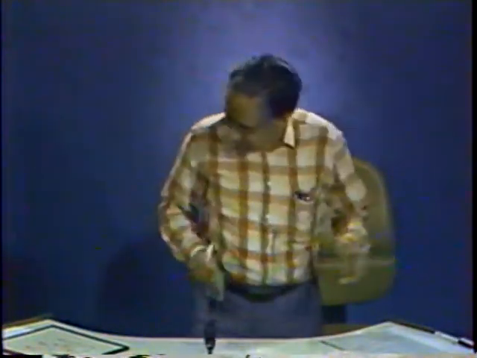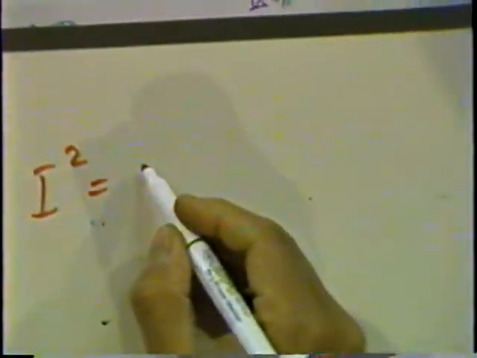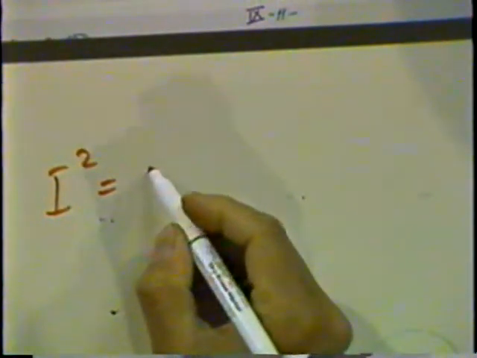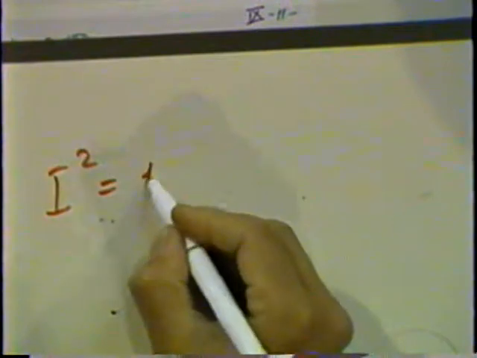Okay, IZ square goes back to the eigenvalues. It's 1/2 and minus 1/2. I square is equal to, what should I say, 1.